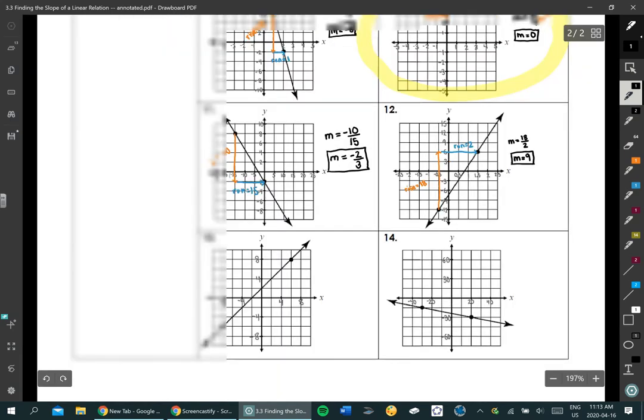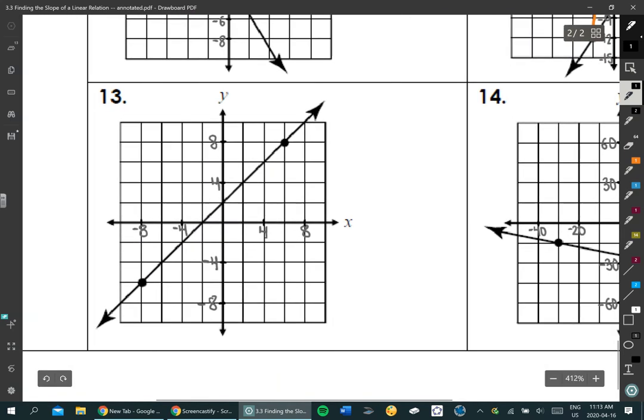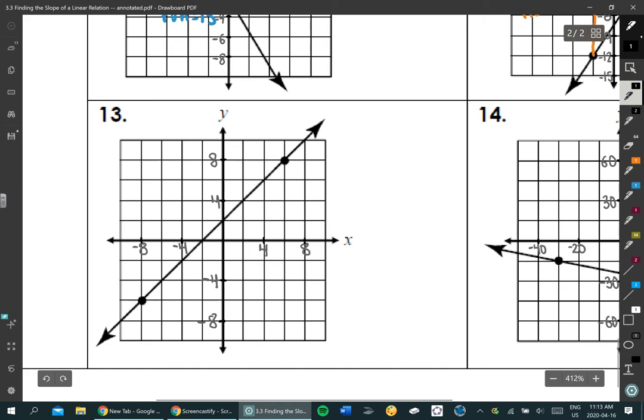All right, let's go for the last one. Okay, so 13. Here, I haven't labeled every single tick mark, right? Sometimes that's the case. Sometimes every second line will be skipped, and that's okay. We just have to figure it out, right?